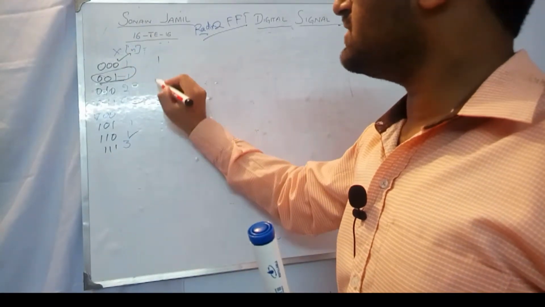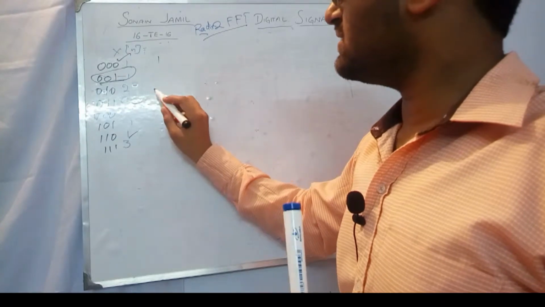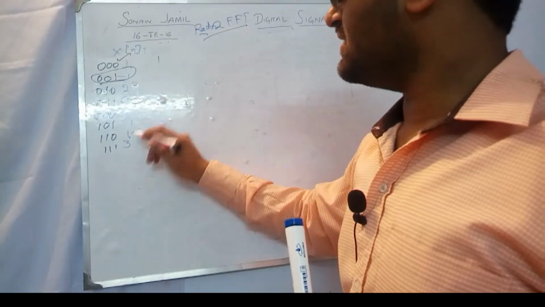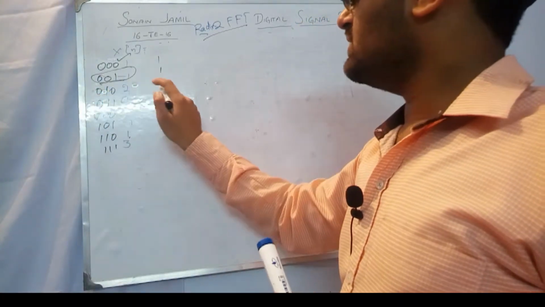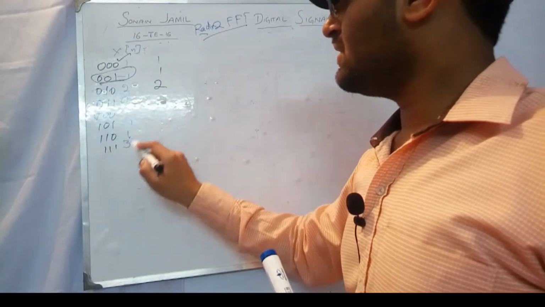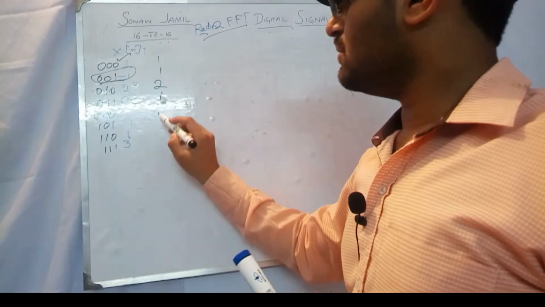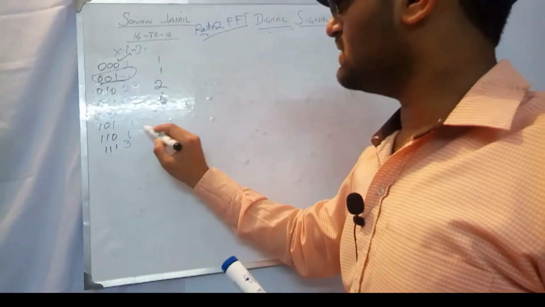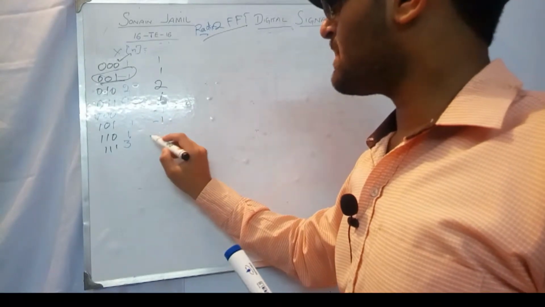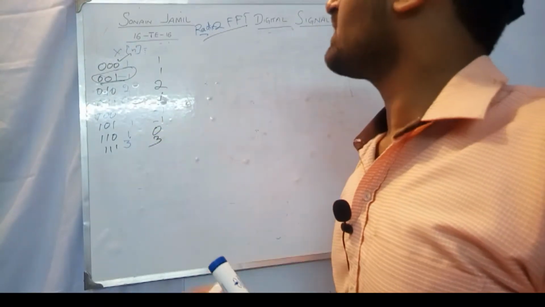Just reverse the bits, it will be same like this. In the next case, it is this one. This will be same. This will come out to be this. This will be -1. This will remain same. This will 0.